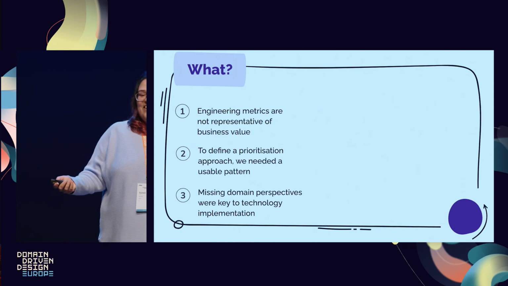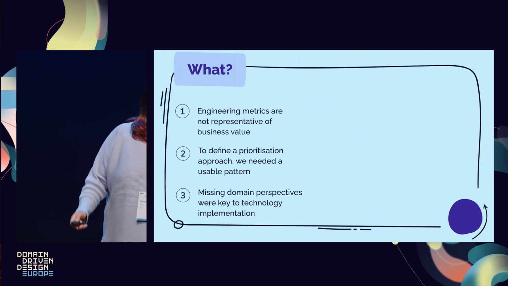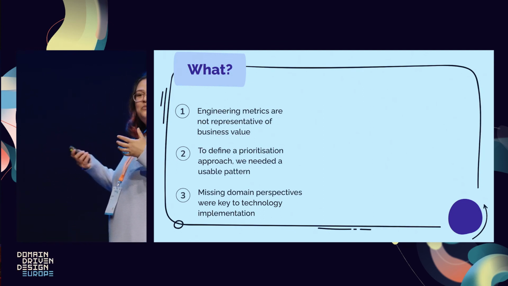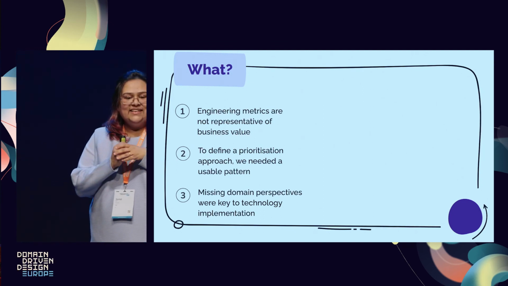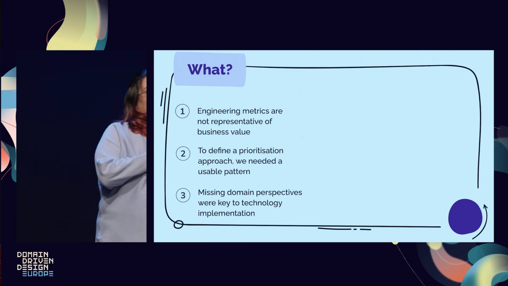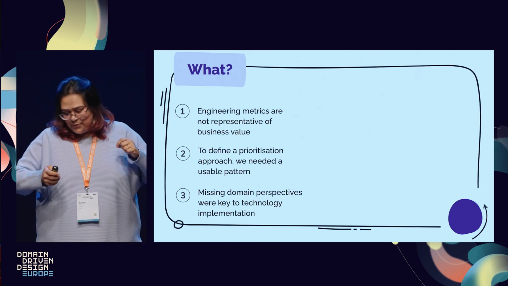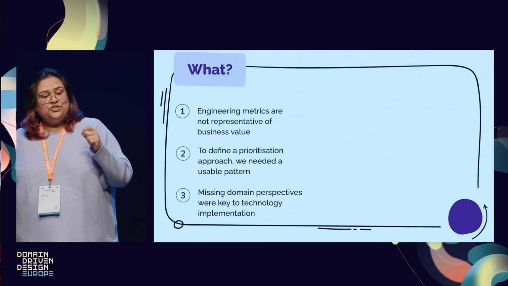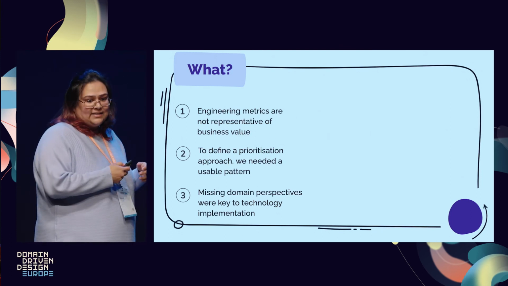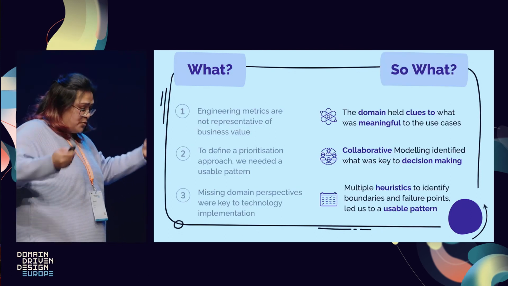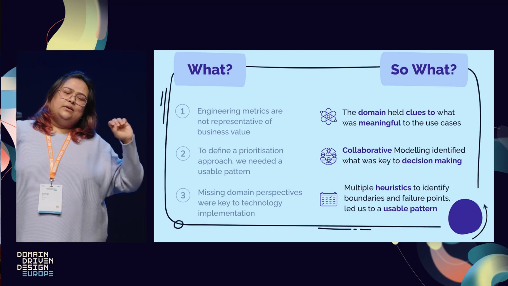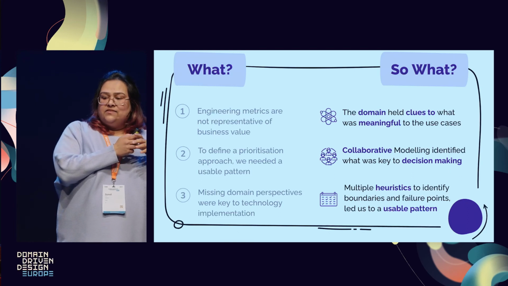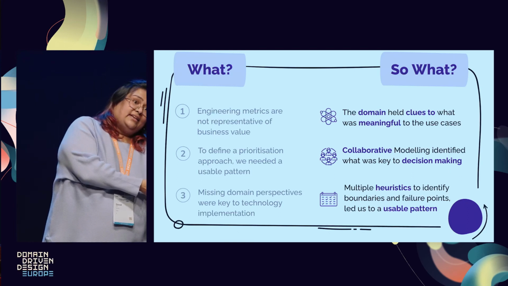If you're wondering, hey, what's the one-slide version of your presentation, please? So we had some insights from our initial set of analysis, right? We figured engineering metrics are not representative of business value. We figured that to define a prioritization approach, we needed a usable pattern. And more importantly, perhaps equally importantly, the missing domain perspectives, those were the perspectives that were key to implementation.